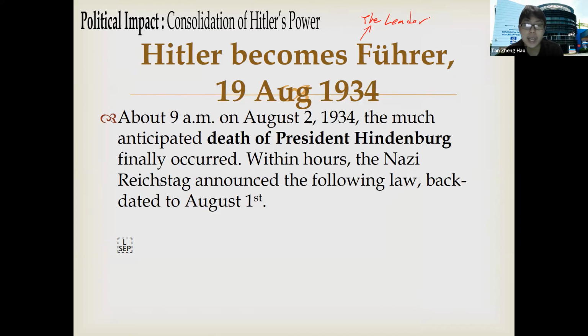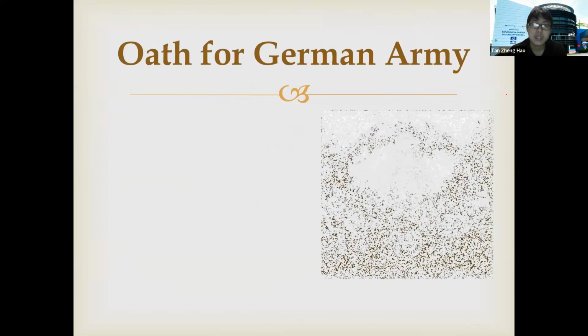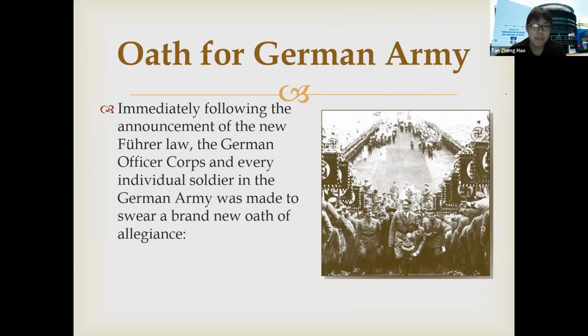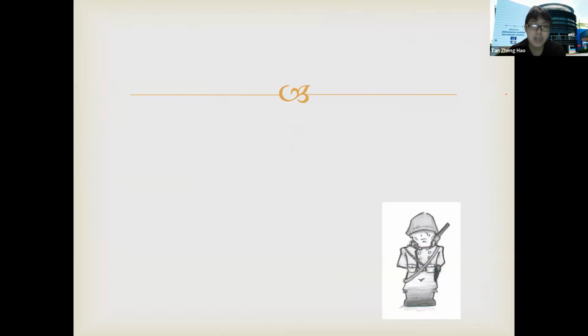So he combined the role of chancellor plus president into one job called the Führer. So he gave himself full power. And many people were made to swear allegiance to Hitler, including the army.